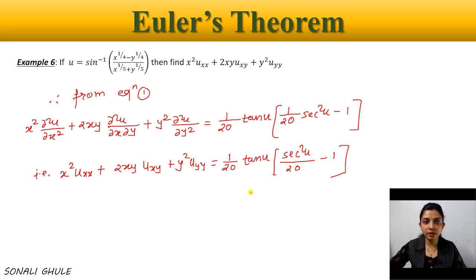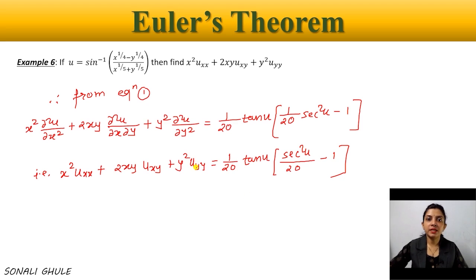So Euler's theorem, when we use it, when your function is homogeneous, only then we can use Euler's theorem to find the value of the first order relation, second order relation. Okay. What is the main statement of Euler's theorem? Yes. If u is a homogeneous function of x, y of degree n, then x into dou u by dou x plus y into dou u by dou y is equal to n into u.